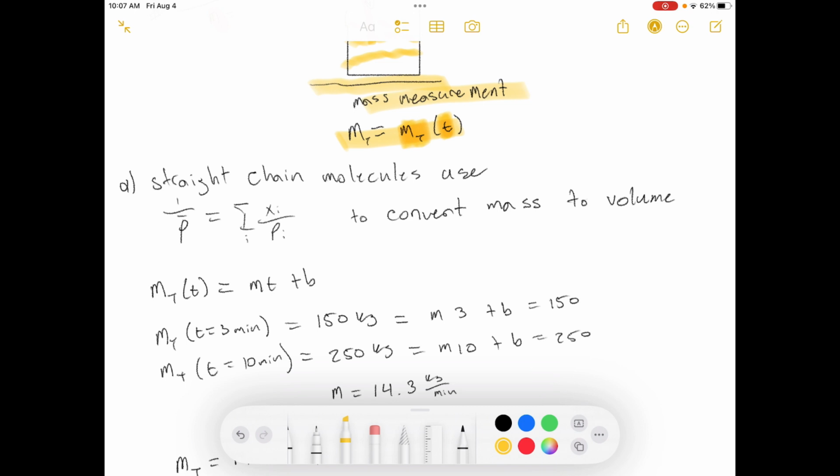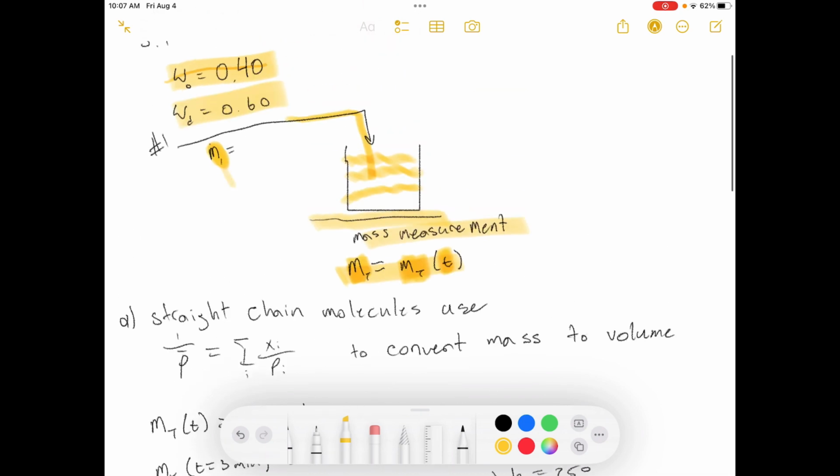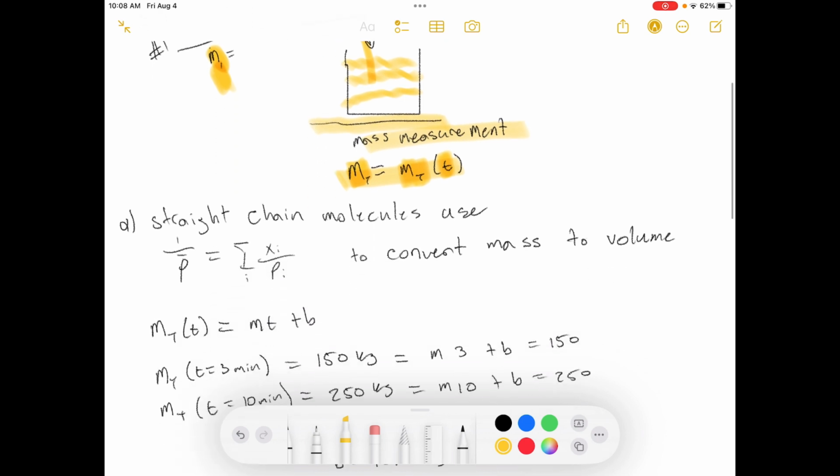Important to know that they gave us mass, and in part A they asked what the volumetric flow rate is. So not the mass flow rate, the volumetric flow rate. If we're working in masses and we need to convert into volume, then we need to know the density. Well, this is the density of a mixture. So how do you get the density of a mixture?